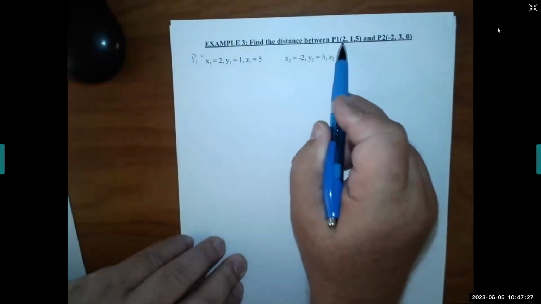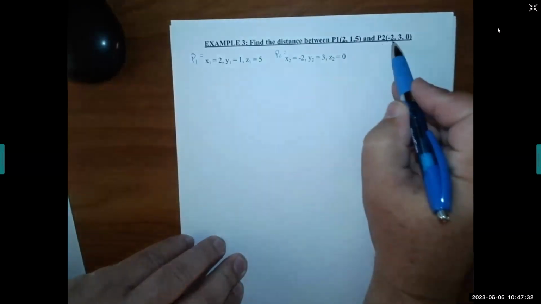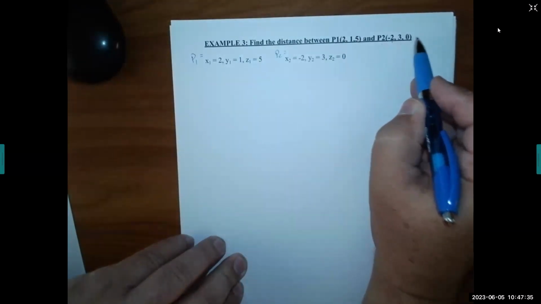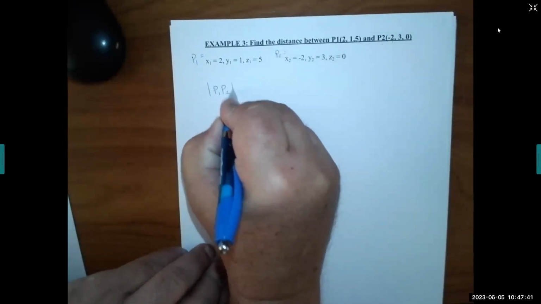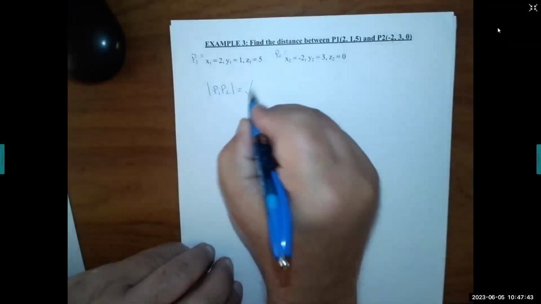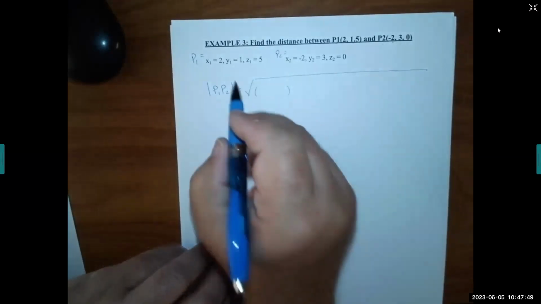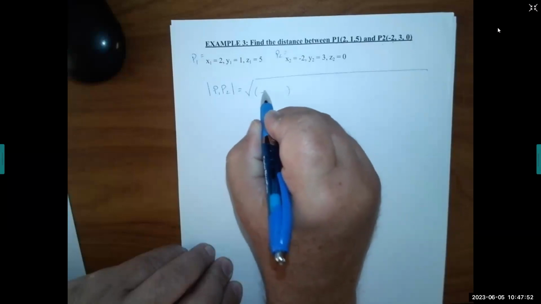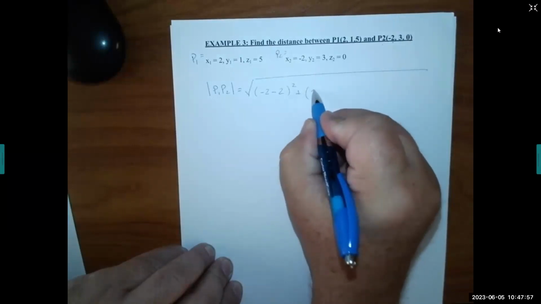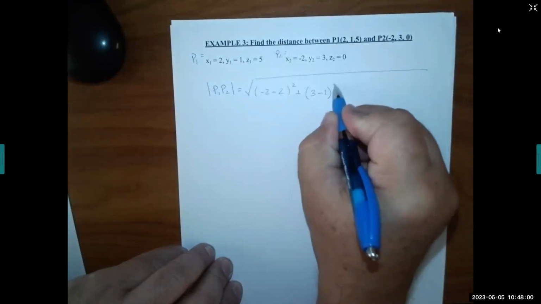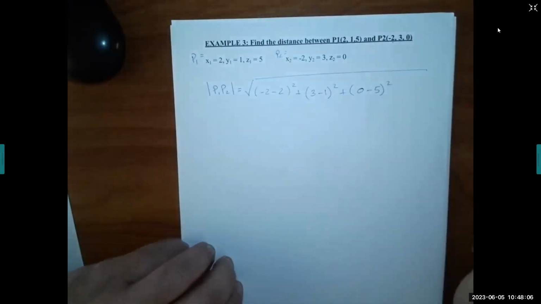Point 1, the x component is 2, y is 1, z is 5, and point 2, x is negative 2, y is 3, z is 0. So the distance between those 2 points, x2, negative 2 minus 2 squared, y2 minus y1, 0 minus 5 squared.